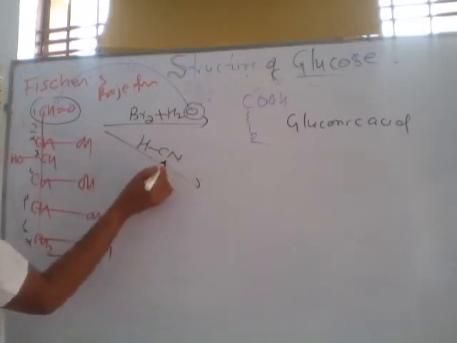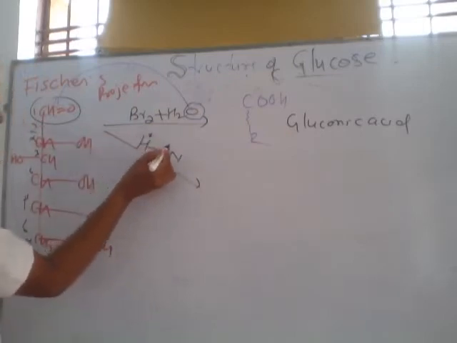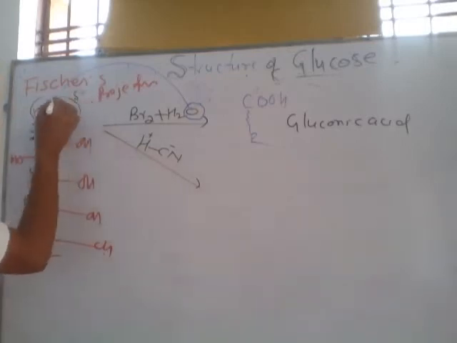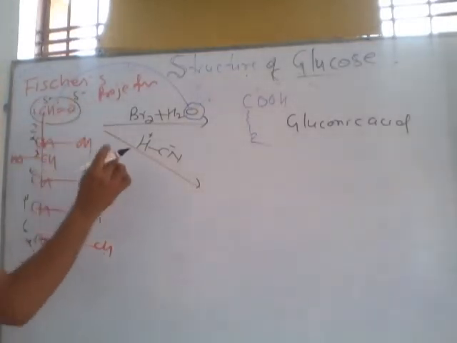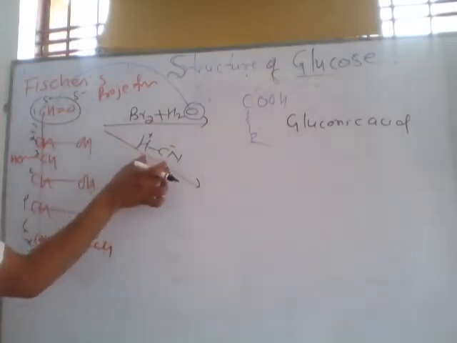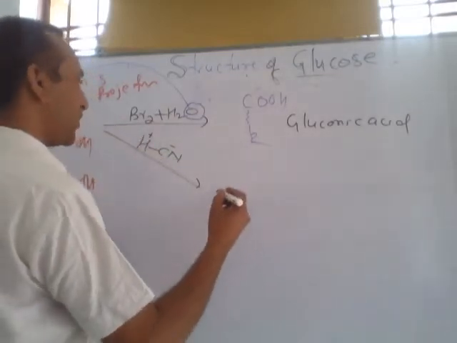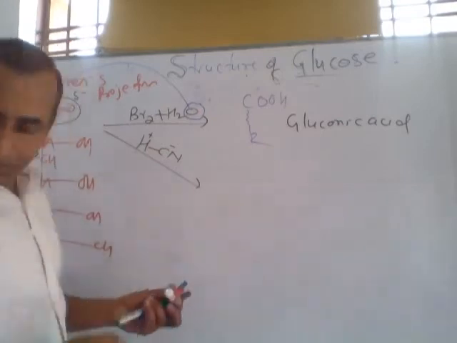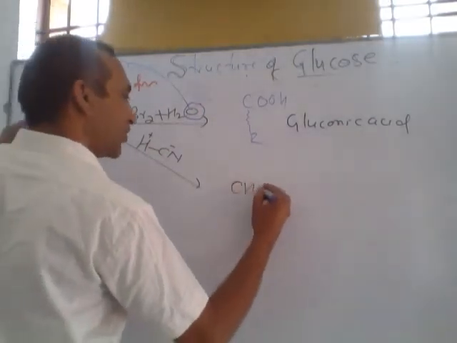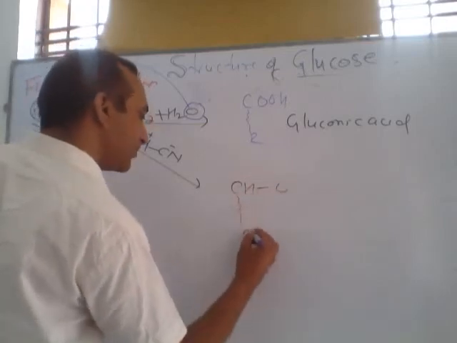HCN is hydrogen cyanide. Hydrogen is positive, cyanide is negative. This is also polar. Oxygen is partially negative, this is partially positive. So negative and positive, positive and negative, on the basis of opposite signs, it is added there. This is CHO, the remaining chain is the same.